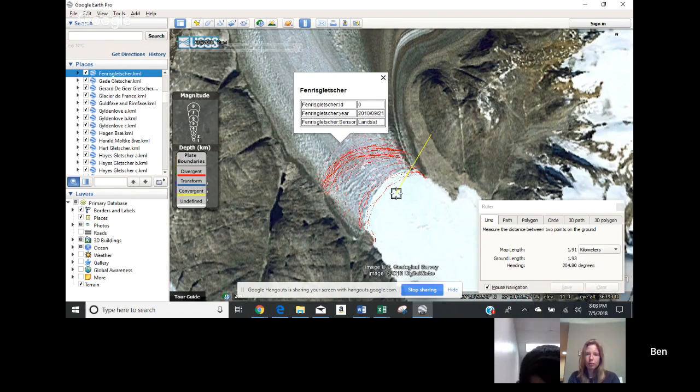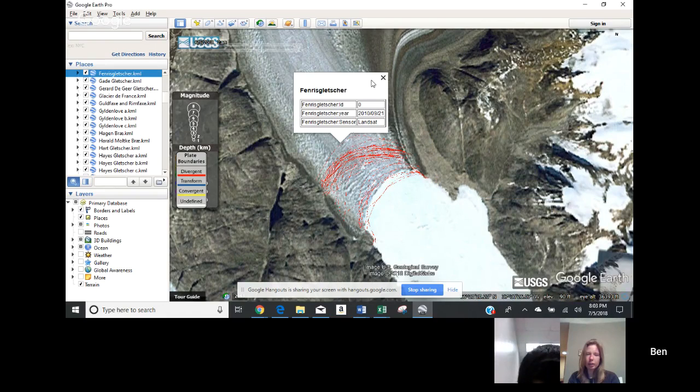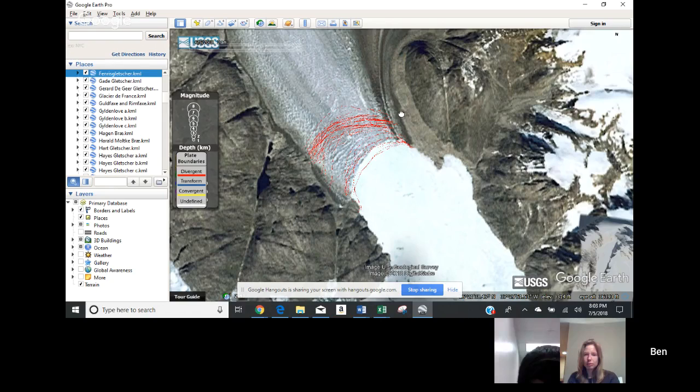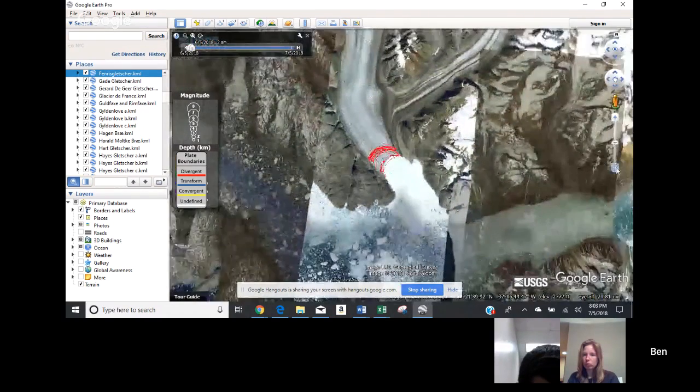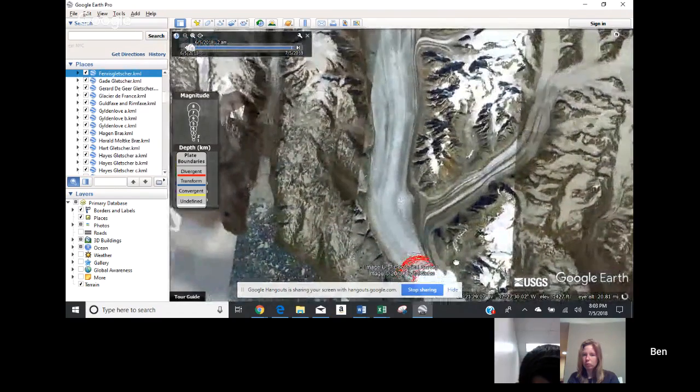But the dimensions are a bit smaller. Do you think that has something to do with it? Yeah, it could definitely influence it.